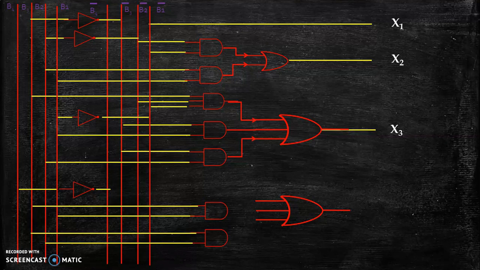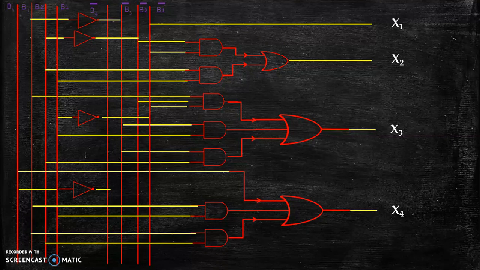One of the inputs is the individual single literal, for which we do not require any AND gate, so it is given directly. The remaining two inputs of the OR gate come from the outputs of the AND gates, and the output of the OR gate gives us x4.